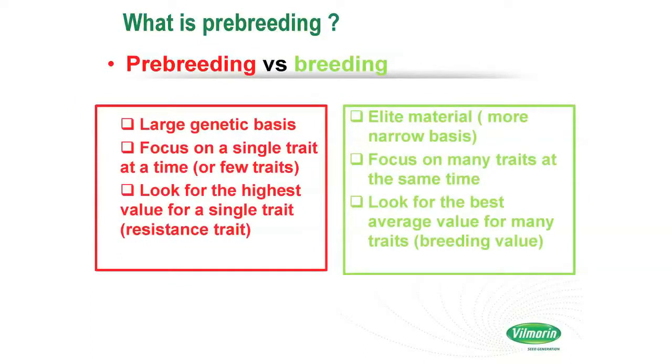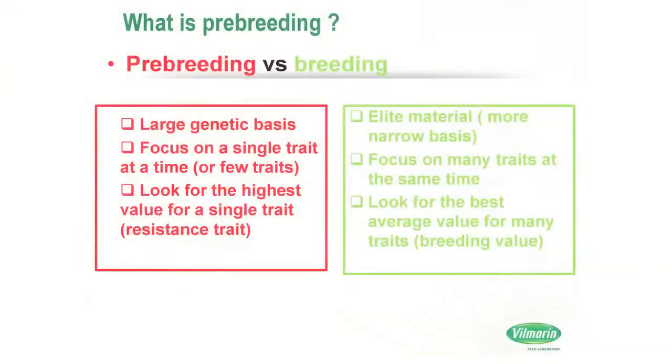First, pre-breeding, in green, works on a larger basis compared to the narrow material in breeding. We focus on at least one trait, mainly one trait at a time, whereas the breeder has to focus on many traits to make a performing variety. And we look for the highest value for the traits, whereas the breeder will try to make an average value to be commercial.